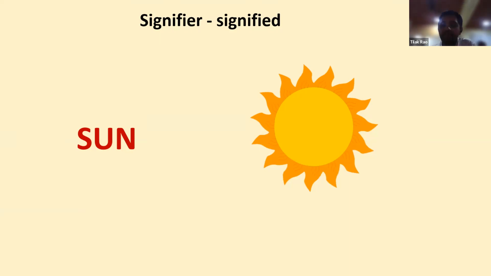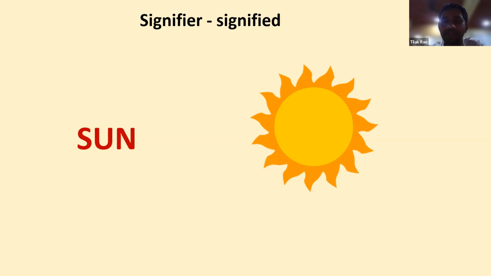If you see any popular language other than Sanskrit, there can be exceptions, even in older languages, but in general this is the structure. There will be a word and it signifies some object. For example, sun is a word, it signifies some object. Whenever the word sun is used, it signifies this thing.